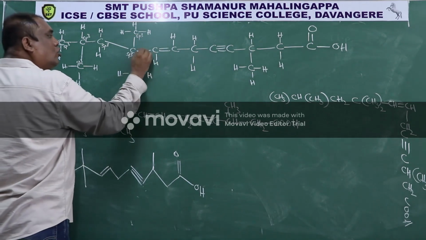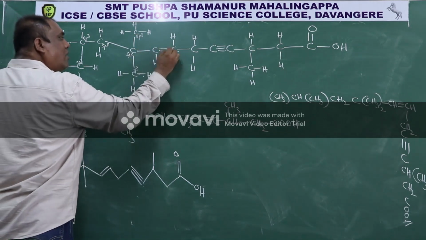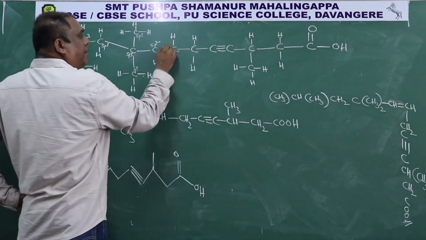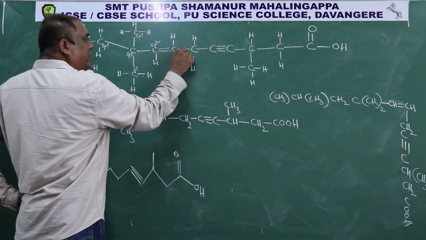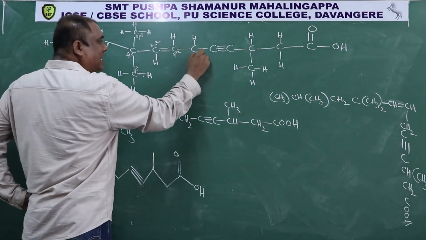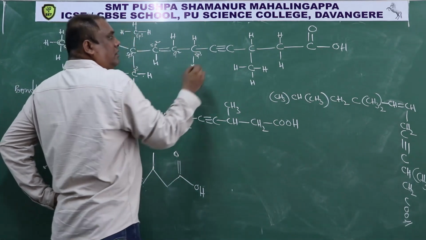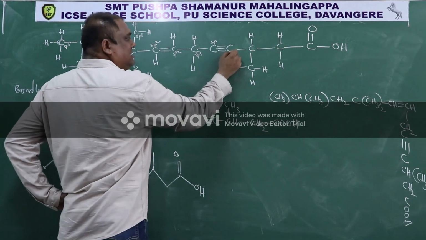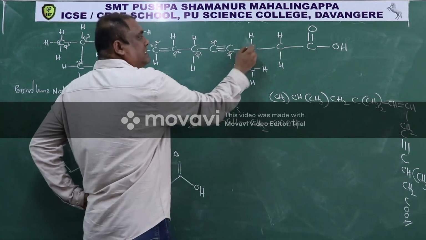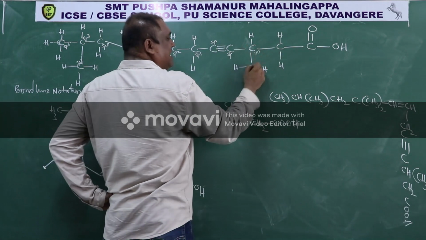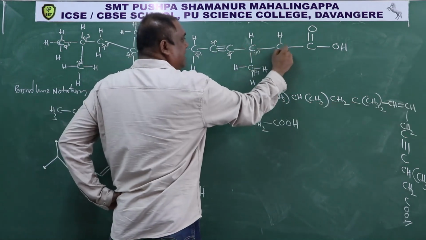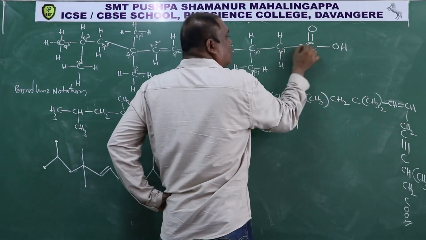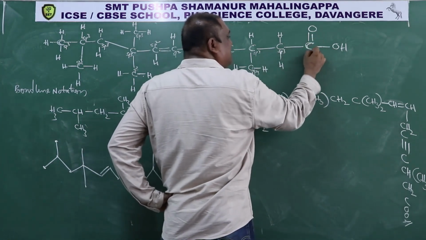But here 2 single bonds and a double bond, it is sp2. Now double bond and 2 single bonds, sp2. 4 single bonds, again sp3. Triple bond and single bond, sp. This is sp, then sp3, sp3, sp3. But again here, this carbon has 2 single bonds and 1 double bond, so it is sp2.